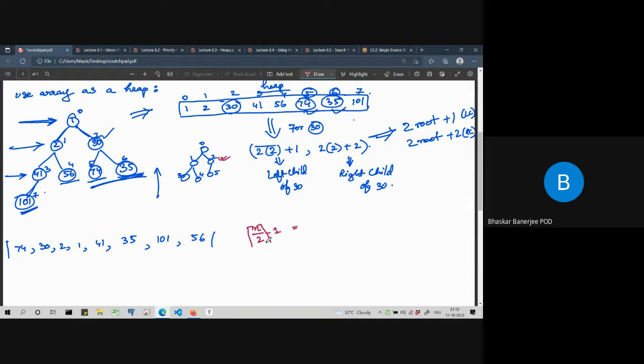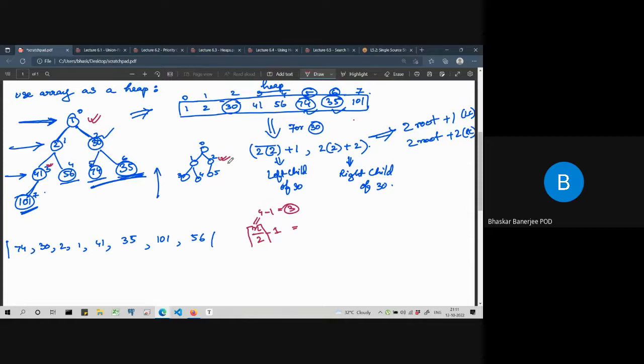In this heap we have 8 nodes, so N equals 8. 8 by 2 is 4, minus 1, which is equal to 3. If I check the index over here, 0, 1, 2, 3, you see this was our first parent node.